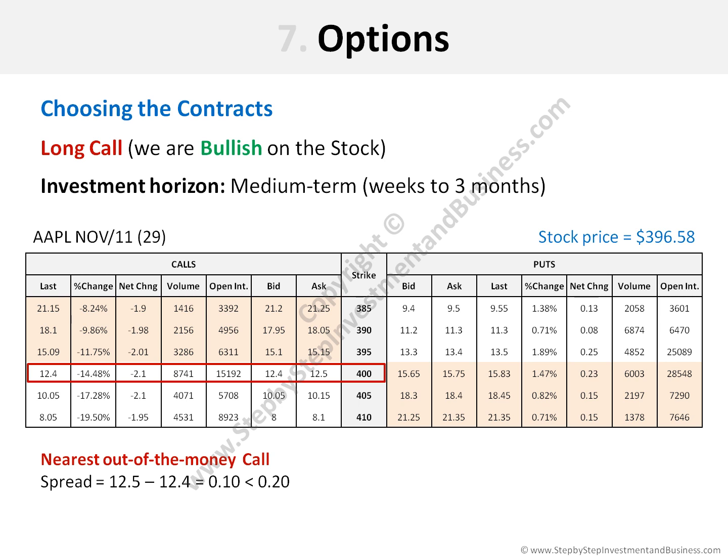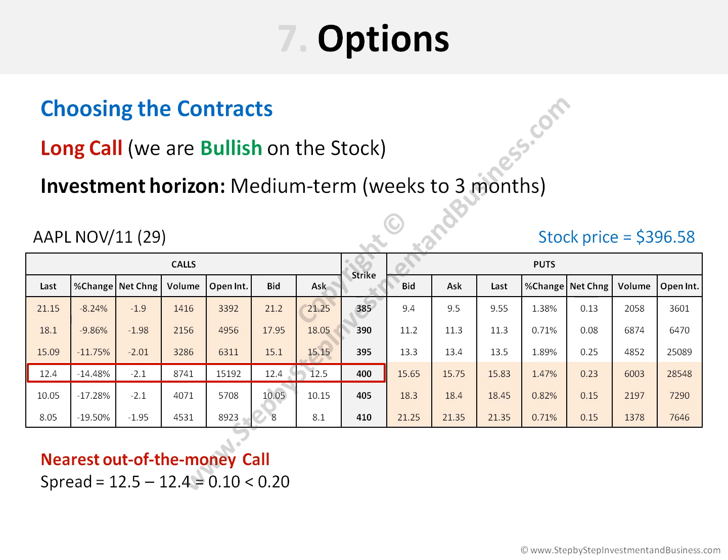The current stock price is $396.58. As we had said, we are interested in choosing the out-of-the-money call nearest the stock price. In this case, the nearest out-of-the-money call is the one with the strike price of $400.